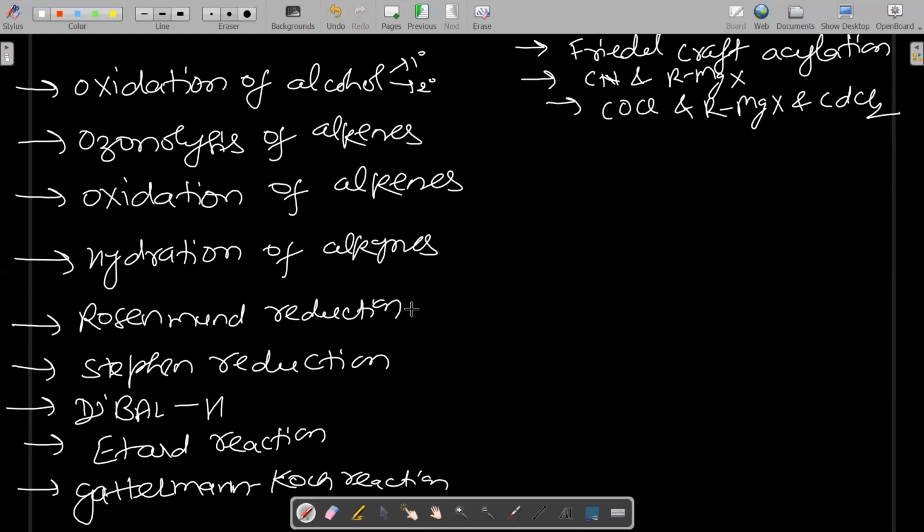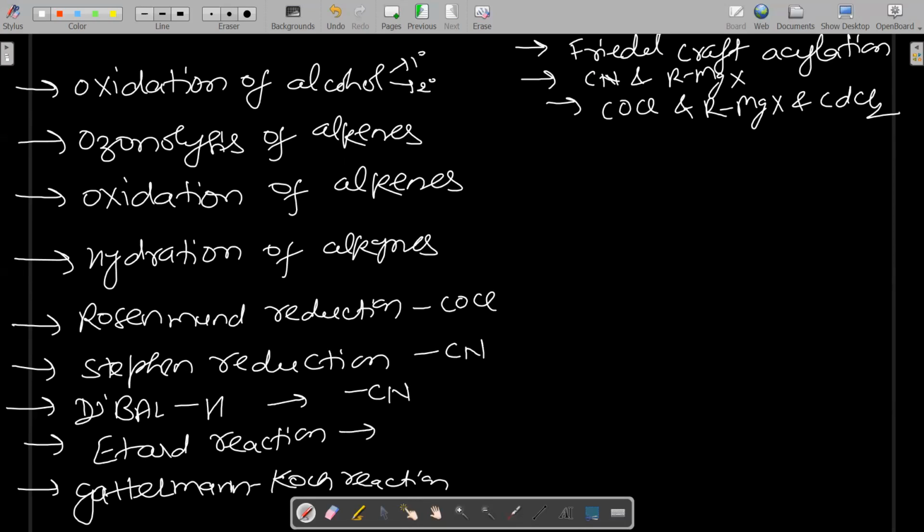The Rosenmund reduction, it is a reduction of acyl chloride in the presence of palladium BaSO4 to form aldehyde. Stephen reduction, it is a reduction of cyanide in presence of SnCl2/HCl, followed by hydrolysis to form aldehyde. DIBAL-H, it is also the reduction of cyanide followed by hydrolysis to form aldehyde.